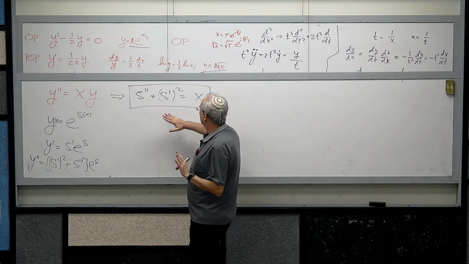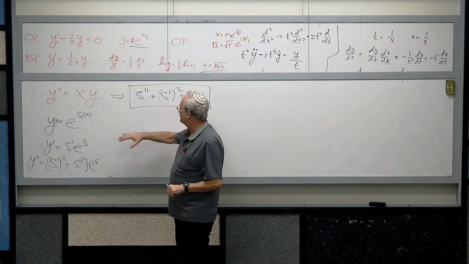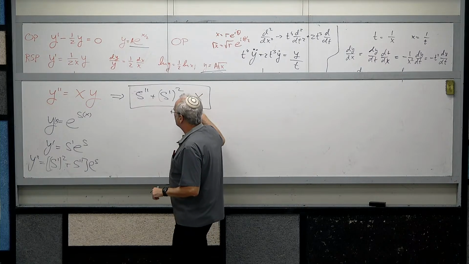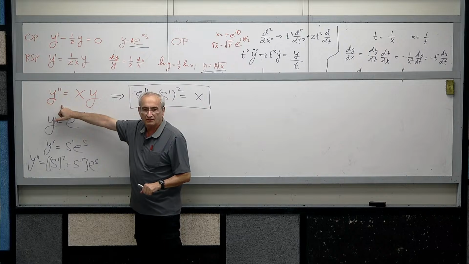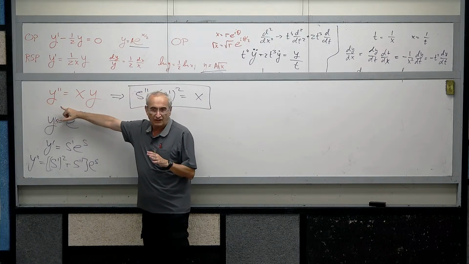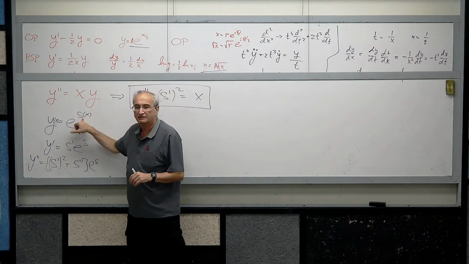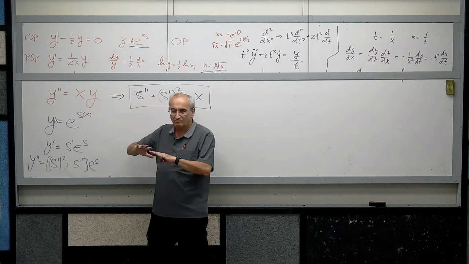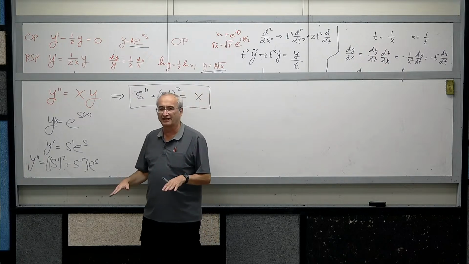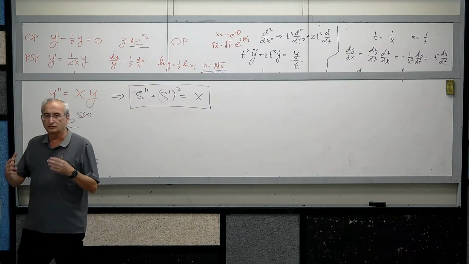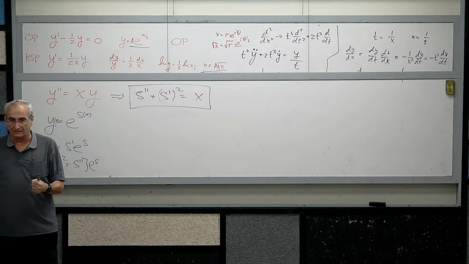So, first of all, I would like to emphasize that to solve this equation and to solve this equation is exactly the same thing, right? If I know what s of x is, then I know what y is. I just have to plug it in. So by no means can such a trick help you in solving the equations exactly, right?